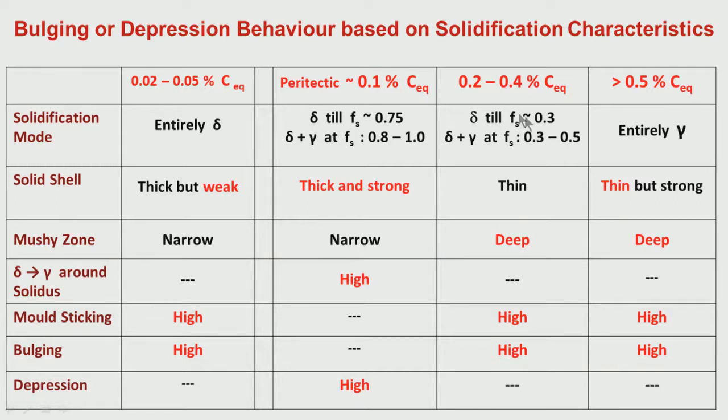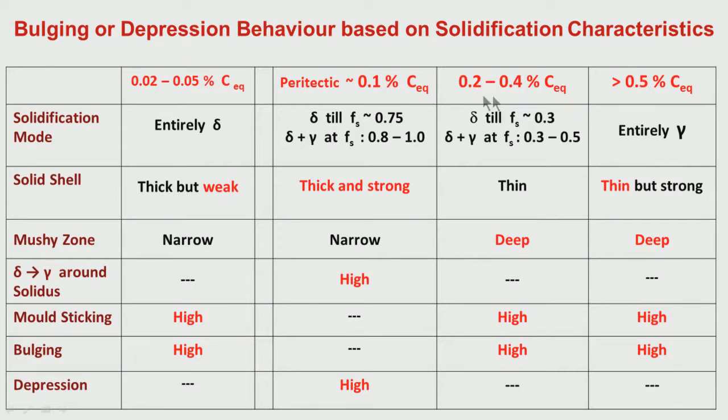Delta is initially formed, and the delta transformation will be there during solidification, till about 0.3% solid. That means around 0.3% of solid fraction, delta starts transforming to gamma due to the peritectic reaction.